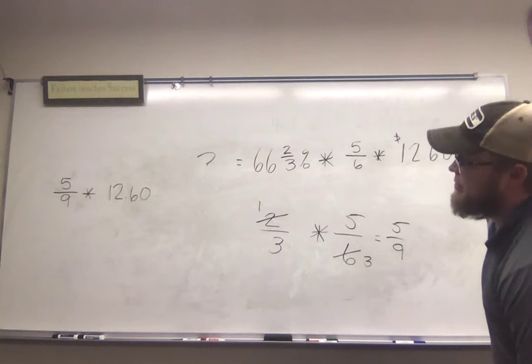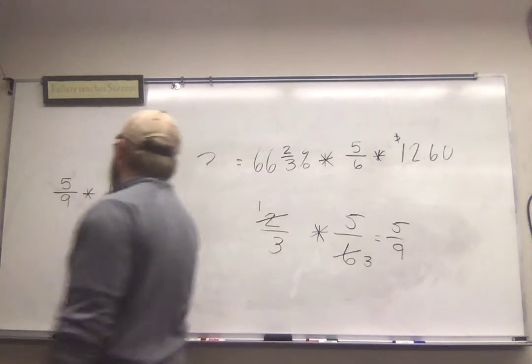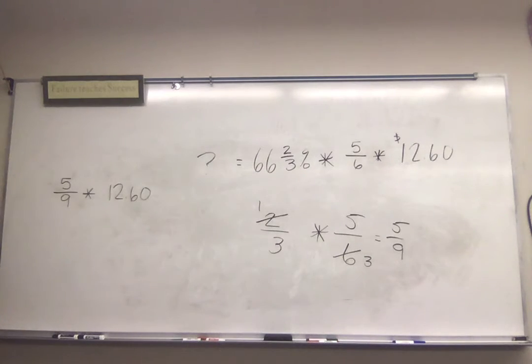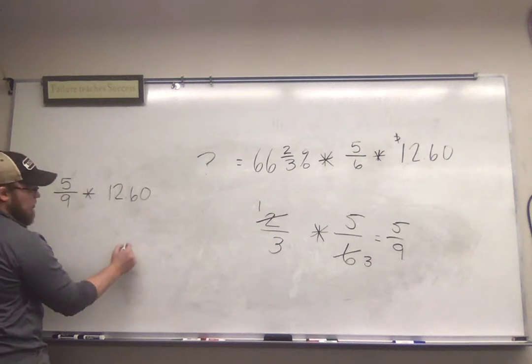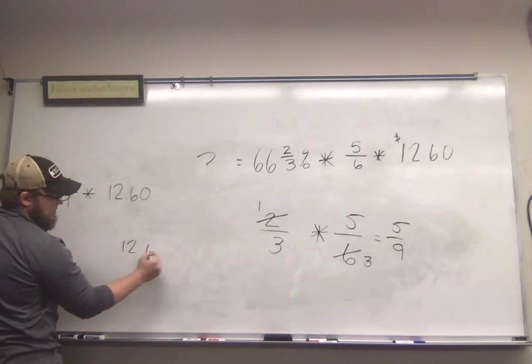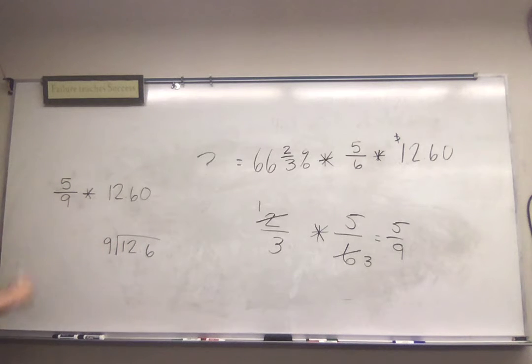So what we're going to do is take this 1260 and divide it by this bottom number over here, this 9, okay? And that's how we're going to start. So we're going to take 1260 and divide it by 9 because that's the bottom number. And bear with me, this will make sense in a second, okay?